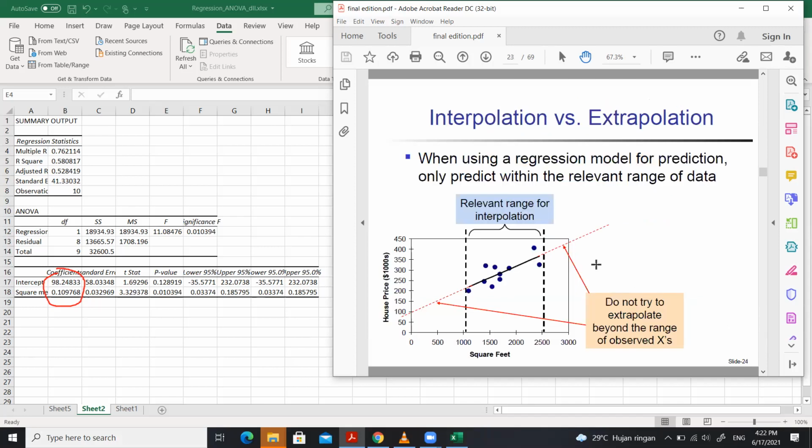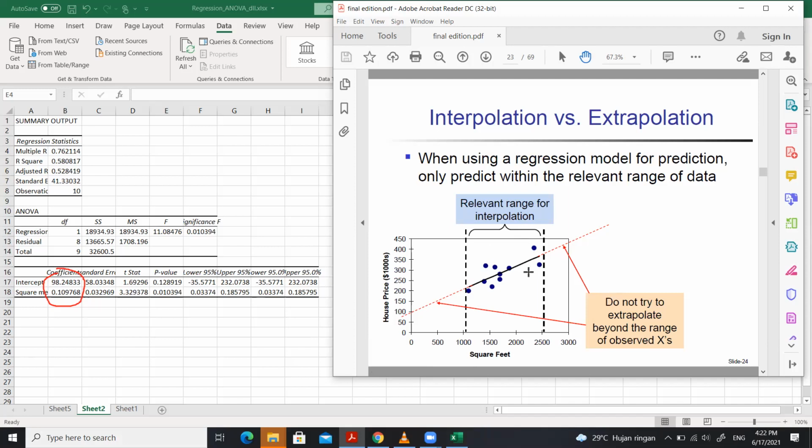Okay, and then in this predictor, based on this graphical representation, you can see the predictor is only valid around this relevant range. The relevant range is where the data starts and where the data ends.